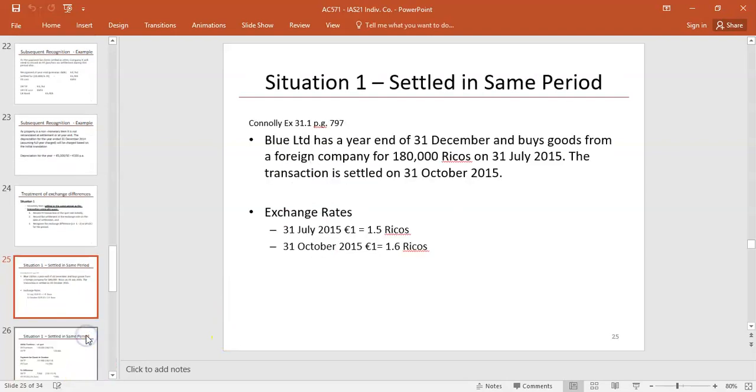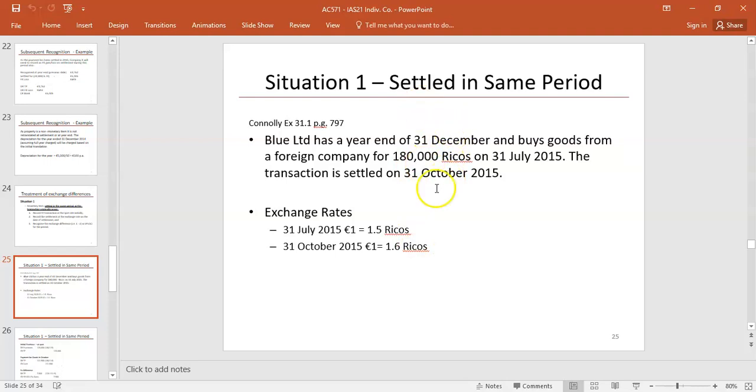So for example here, Blue has a year end 31st December and buys goods from a foreign company for 180,000 ricos on the 31st July and they settle it on the 31st of October. So what you're thinking about there is that means there's nothing outstanding at the year end. It's already been settled.